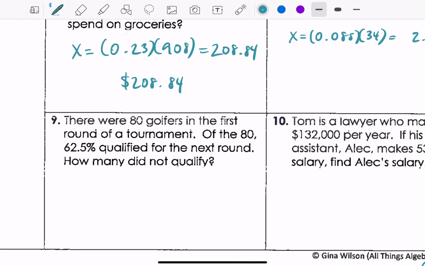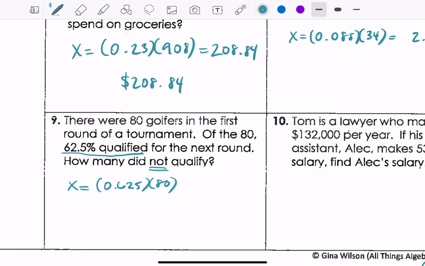Number 9, there were 80 golfers in the first round of a tournament. Of the 80, 62.5% qualified for the next round. How many did not qualify? This question's tricky because we know that this many qualified, so we have to figure out how many didn't qualify after we figure out the number for 62.5%. So 80 golfers, 0.625, 62.5% of those 80 golfers qualified.